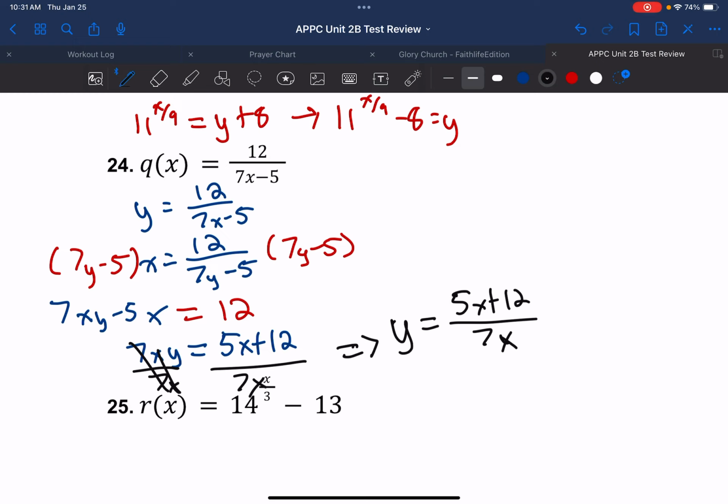Okay, and then rewrite the q. So q to the negative 1 of x is 5x plus 12 over 7x.